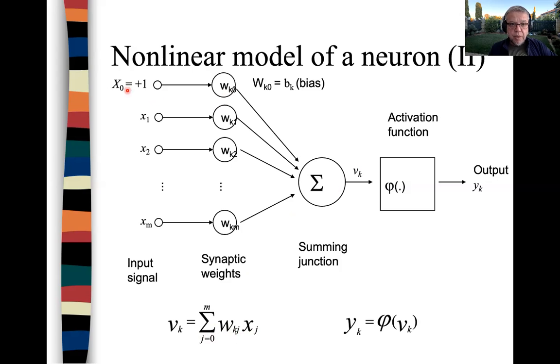So X0 W0 plus X1 W1 plus X2 W2 and so on. You don't have the bias here. And you're going to have your V here at the output of the summing junction. And then you're going to have your activation function, which is going to give you an output. Again, this is a nonlinear model because of the nonlinearity of this activation function.